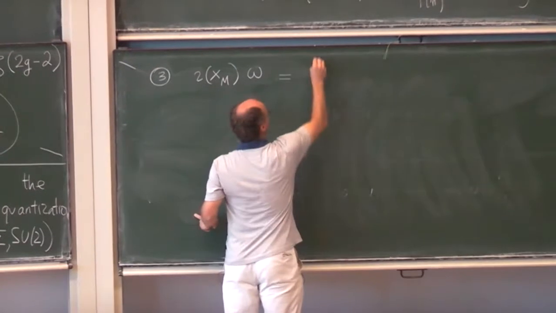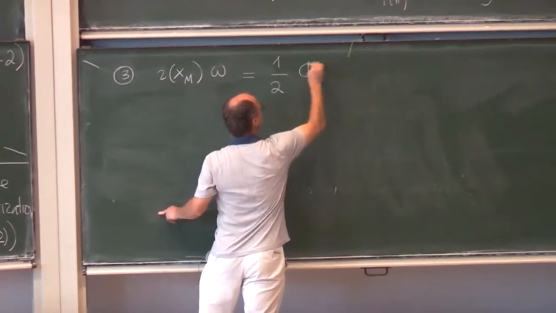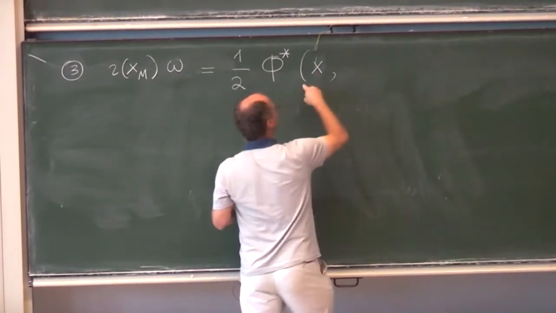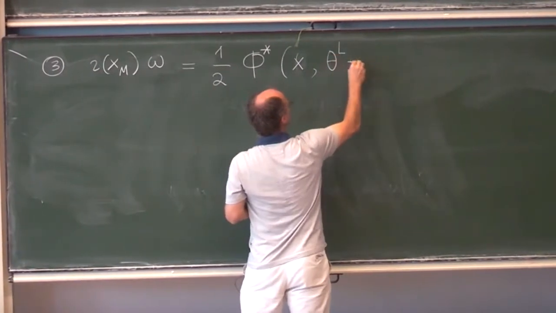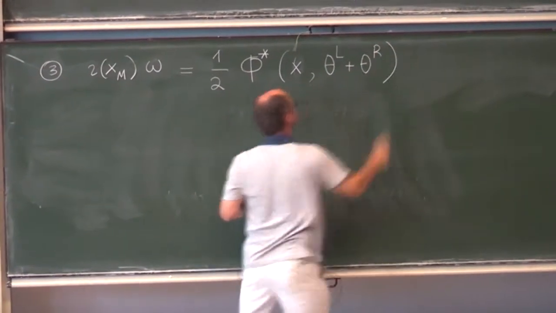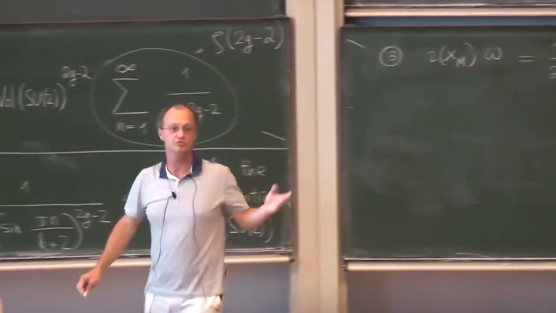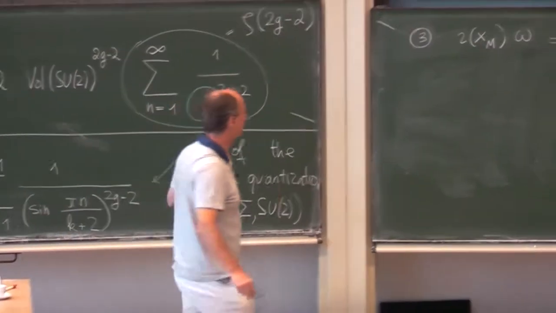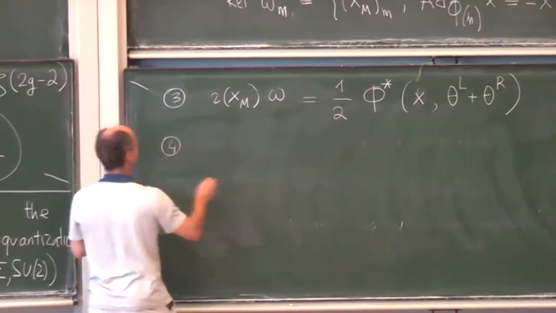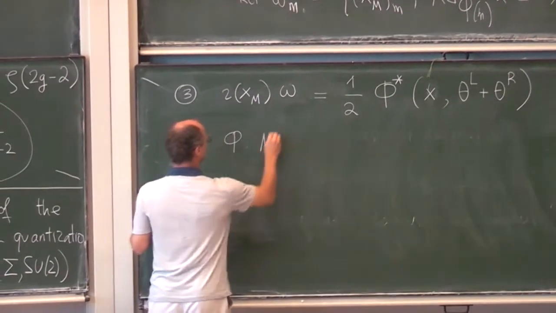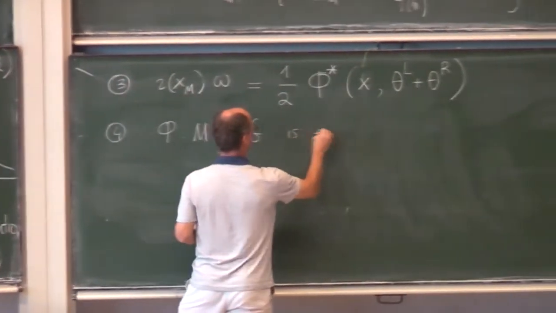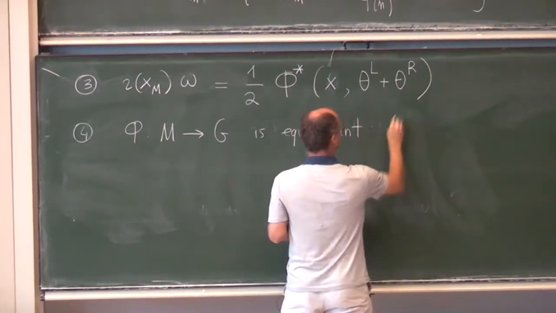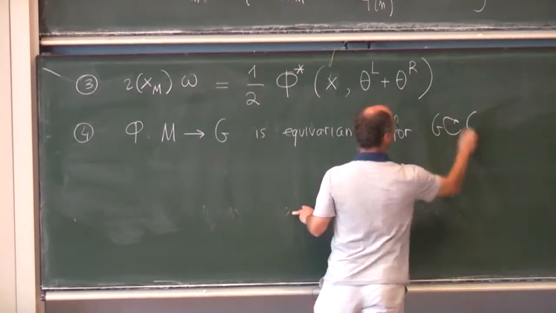And here again, if you looked at the exercise, there was this interesting combination: 1/2 of the scalar product of x with the sum of the left and right invariant Maurer-Cartan forms. Right? So we saw it in the exercise, and now it comes up in the moment map condition. Finally, fourth condition, phi from M to G is equivariant for G action on G by conjugation.